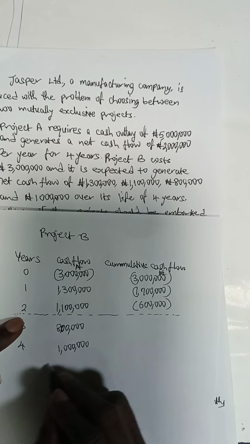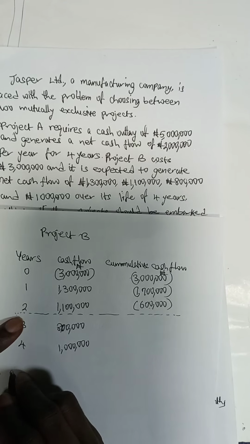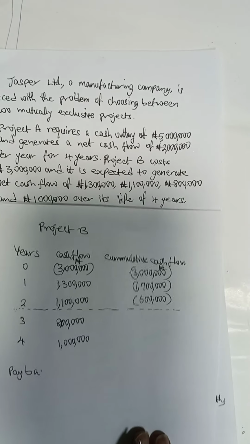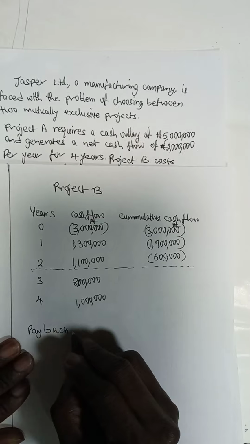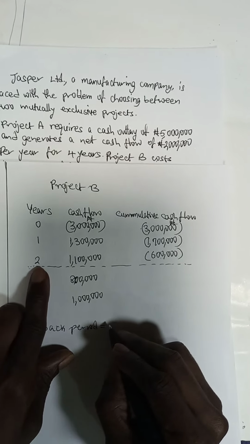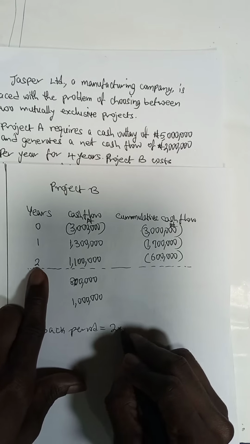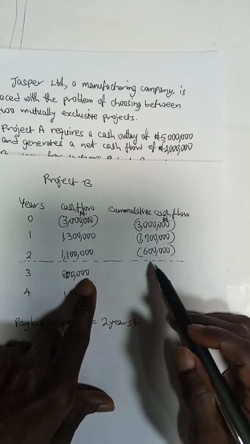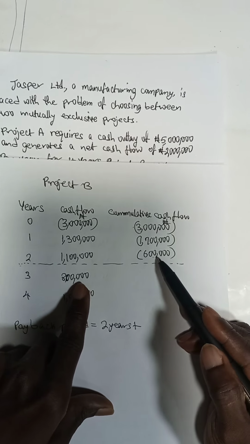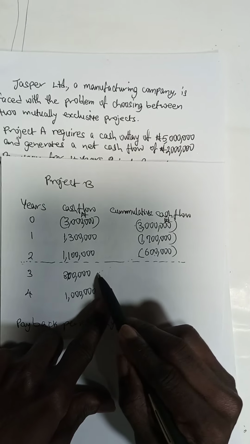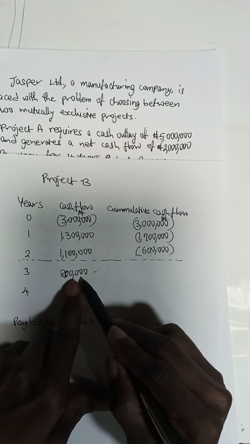So we say at year 2, our payback period is equal to 2 years plus. Don't forget, we now say this 600,000 over 800,000.